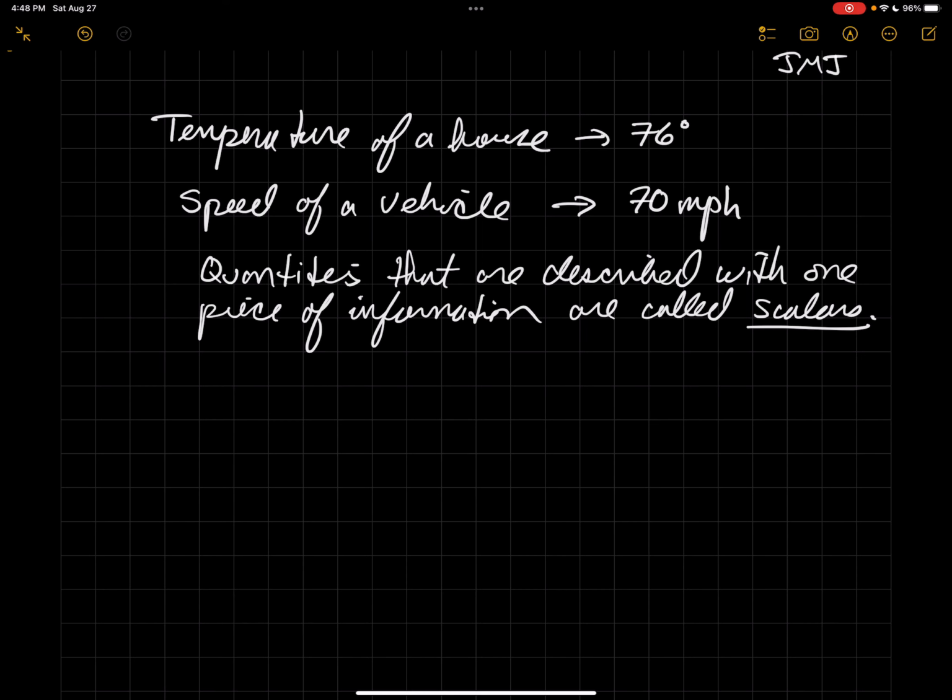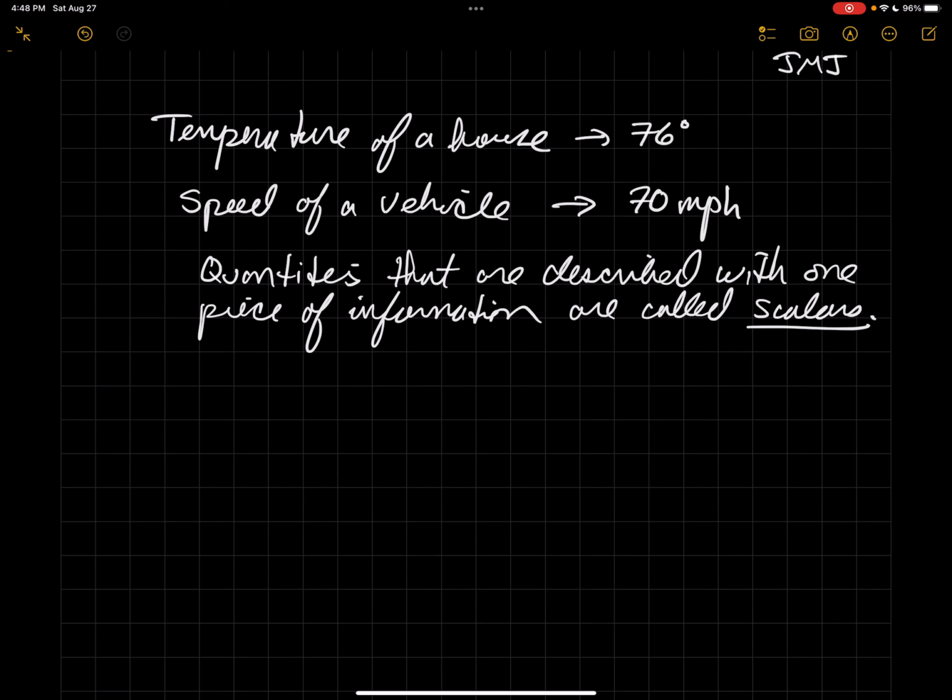They're only providing one piece of information when you talk about the temperature of something or the speed of something, okay? So that's a scalar, which is obviously not a vector.